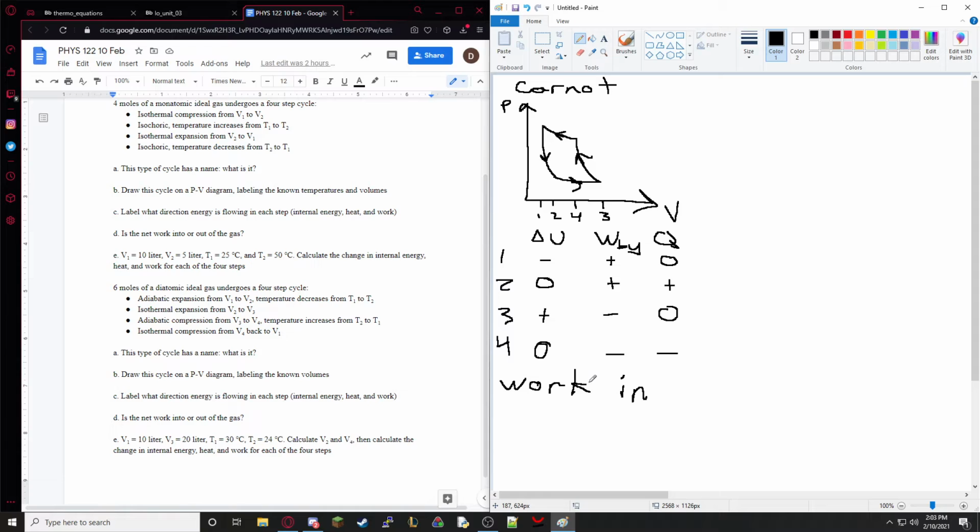And lastly, we're going to have actual values here. So we have V1 is 10 liters, and V3 is 20 liters.